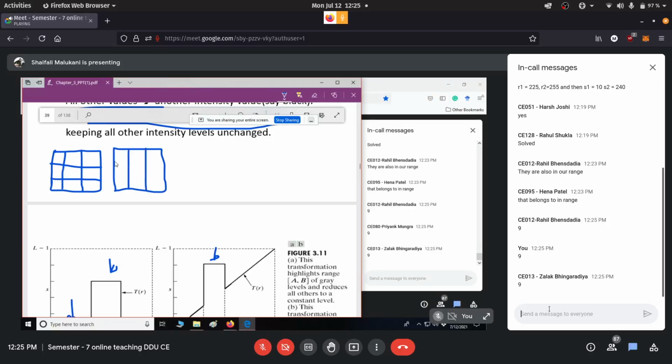Okay, and if I say it is a 3-bit image, then what is the difference between a 3 cross 3 image and a 3-bit image? What is the difference between a 3-bit image and a 3 cross 3 image?